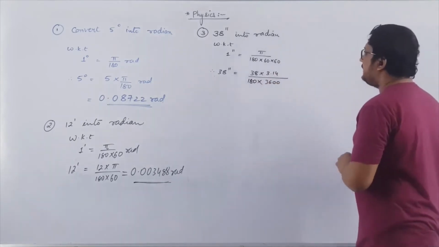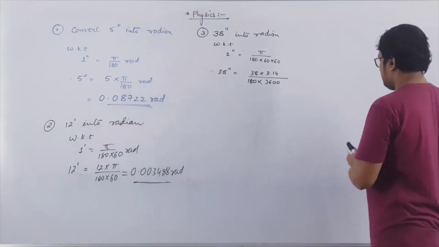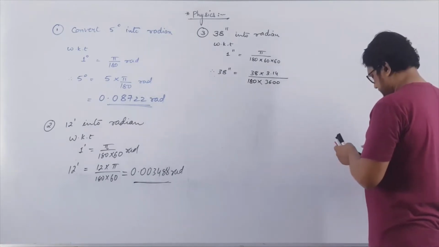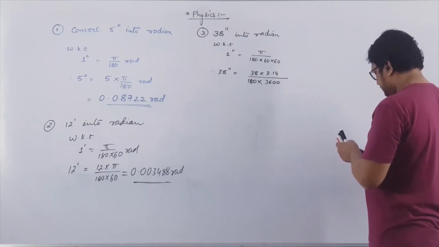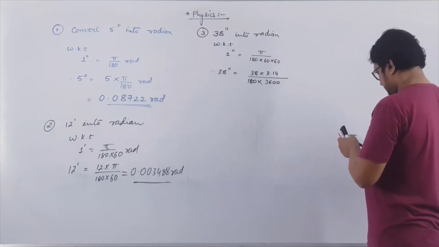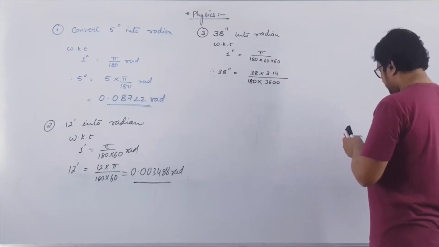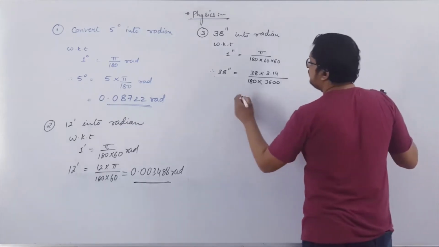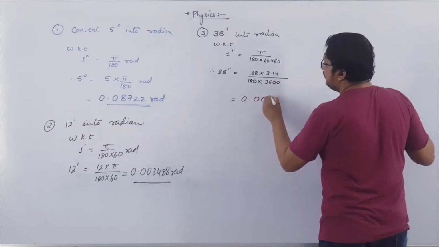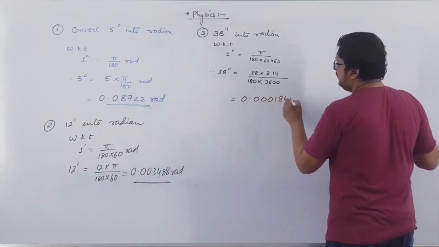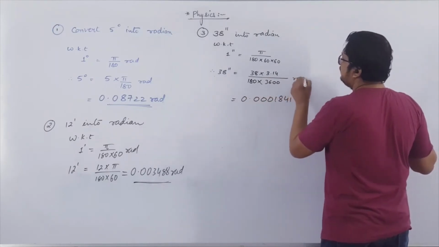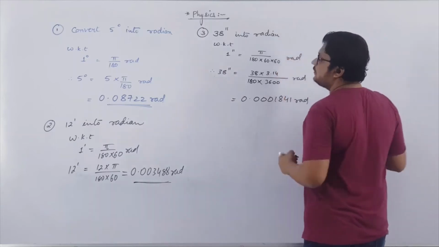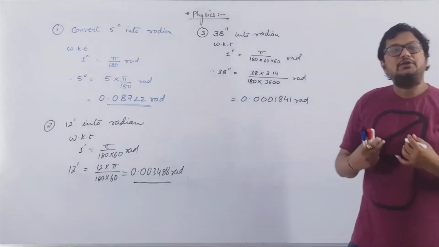So 38 into 3.14 divided by 180 divided by 3600 is 0.0001841 radian. So this is how we can convert degree, minute or second into radian.